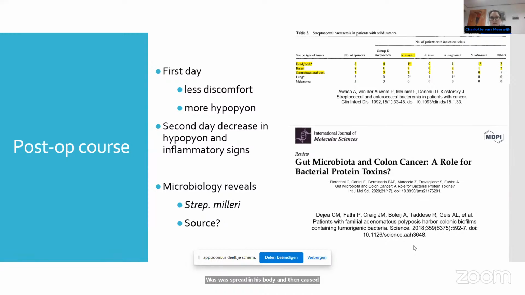Also, there are publications about the gut microbiota and its role in colon cancer, and maybe bacterial protein toxins can play a role in developing colon cancer.